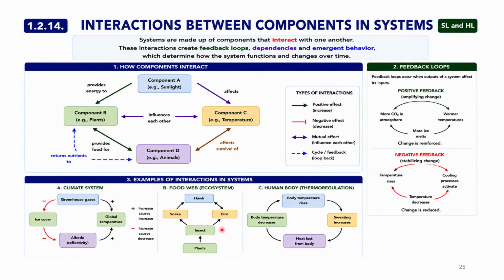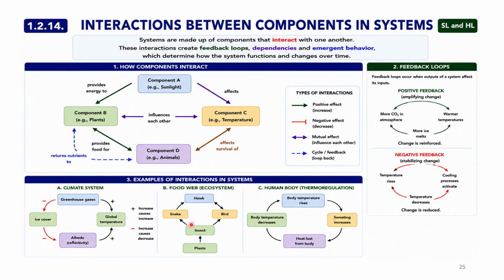In contrast, negative feedback stabilizes a system. A familiar example is thermoregulation in humans. When body temperature rises, sweating increases heat loss, returning temperature toward its normal range.